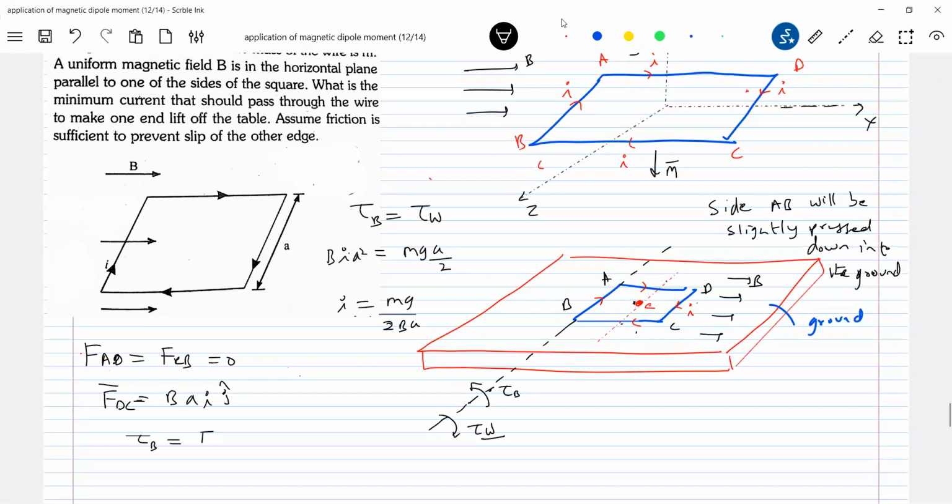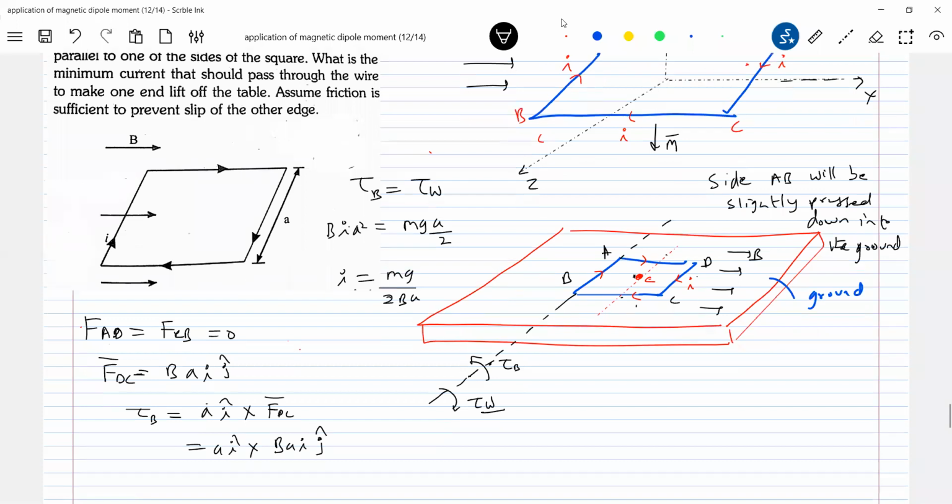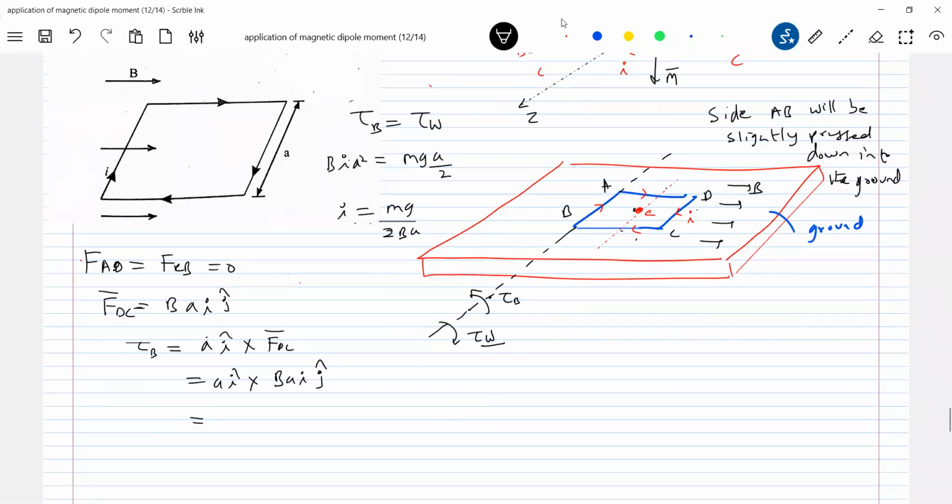So how much is it? A I cap cross F DC bar, which is I cap cross J cap, and I cross J will be K. So it is B A square I K cap.